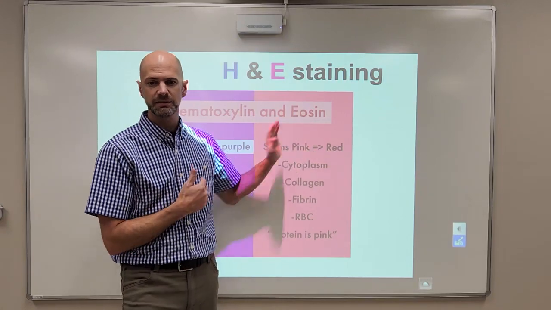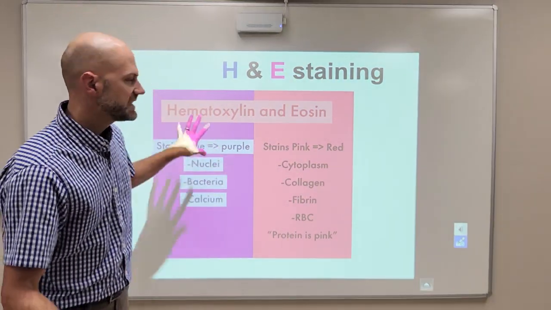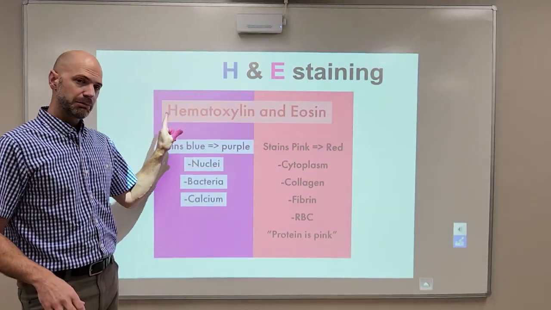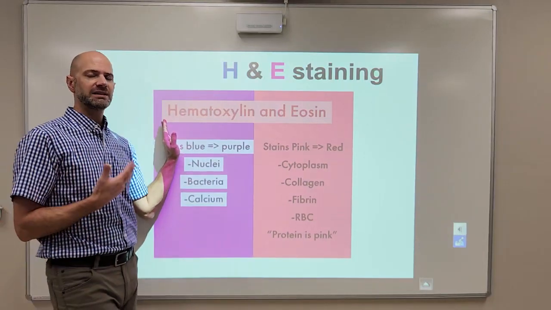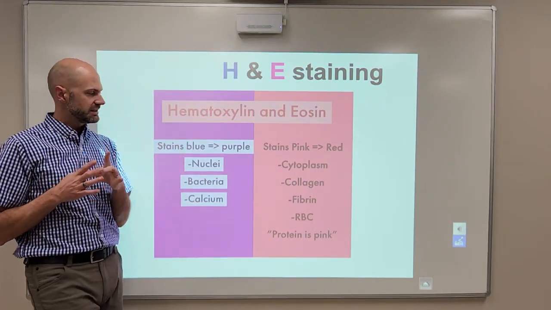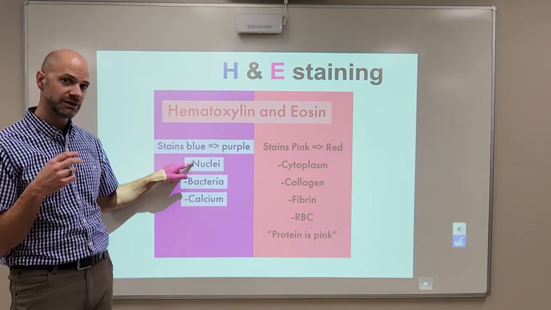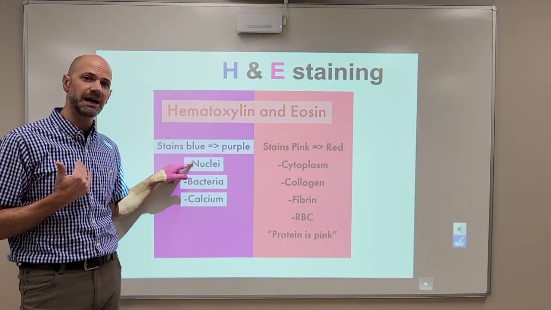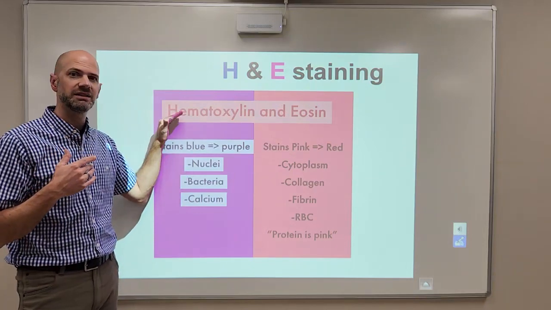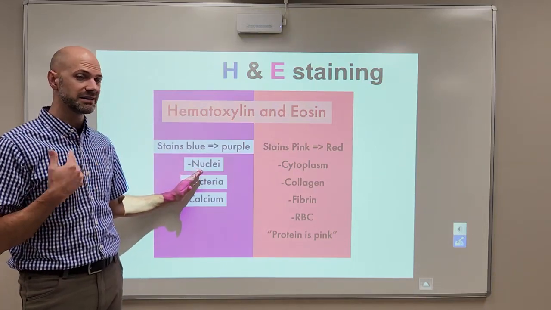Eosin is pink. So when we stain cells, the blue hematoxylin is attracted to the nucleus because it's staining negative charge. DNA has that negative phosphate backbone, so hematoxylin stains the DNA.